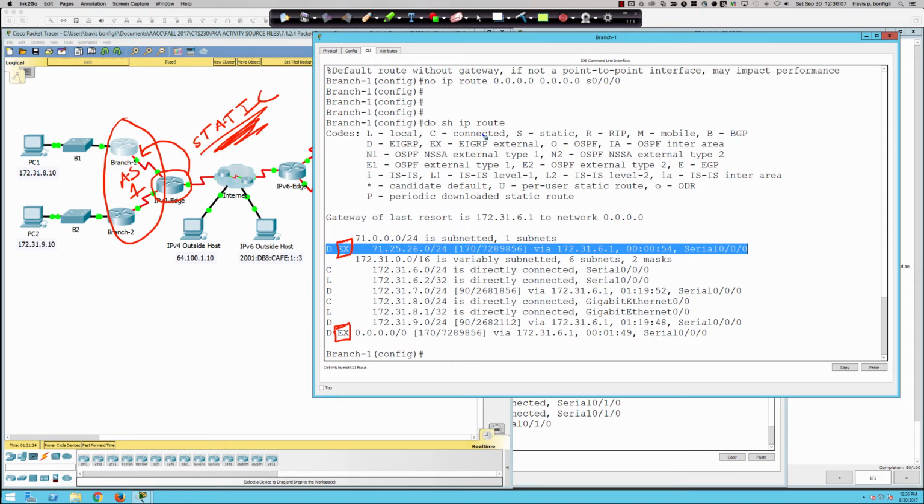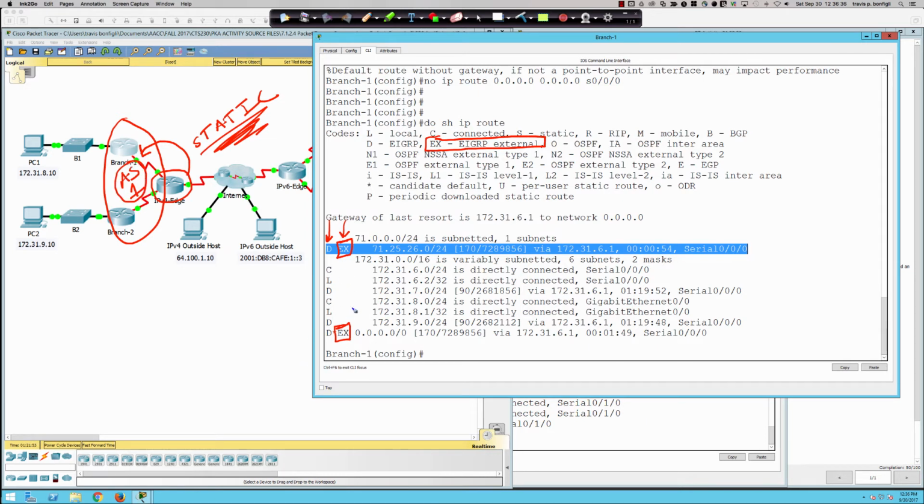And that's why we see, and where is it up here? I know it's here. I'm looking right by it. There it is. EX is EIGRP. There's our D for DUAL, the Diffusing Update Algorithm, external information, because I've taken it from the static protocol and I've redistributed it, I've injected foreign information into our EIGRP autonomous system.